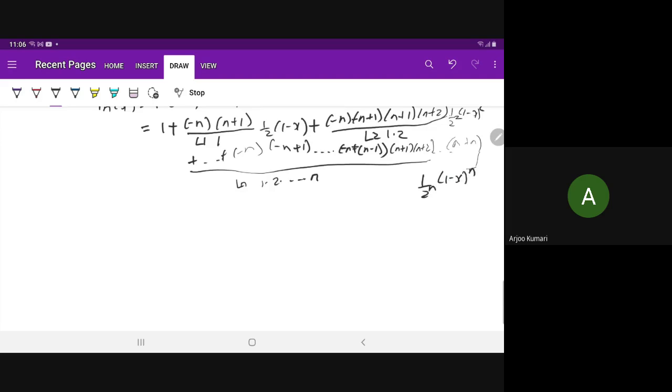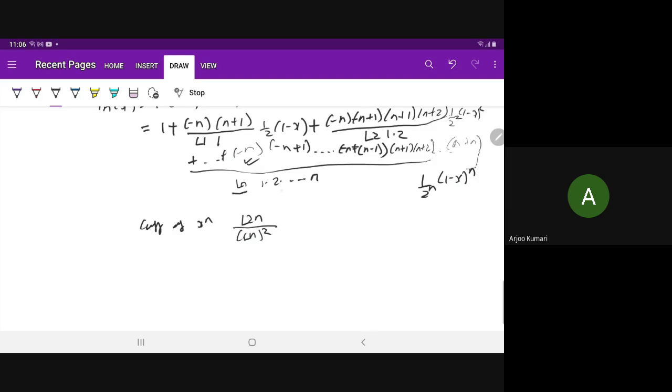So when we expand this, the coefficient of x to the power n will be factorial 2n upon factorial n whole square, and 2 to the power n.